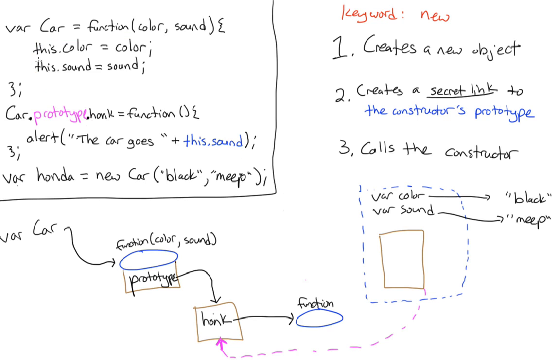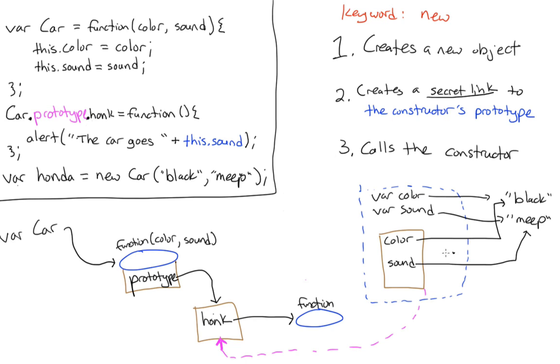Once again, the keyword this is going to point to this new object that just got created. The reason for that is because we're using the keyword new. So let's assign these properties. Color is going to point to black, and sound is going to point to meep.